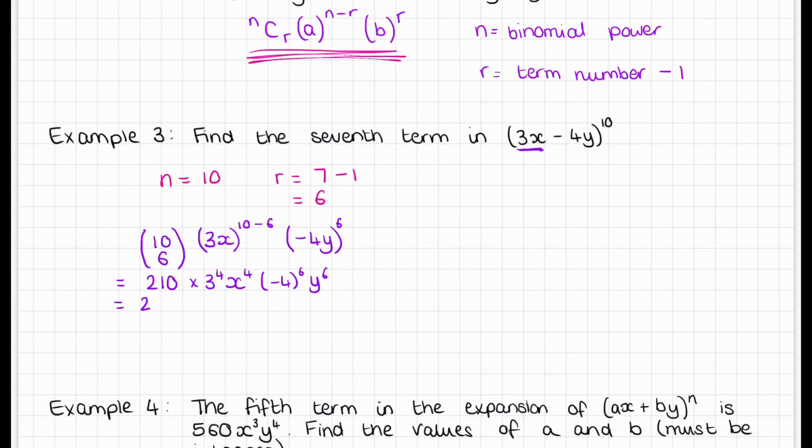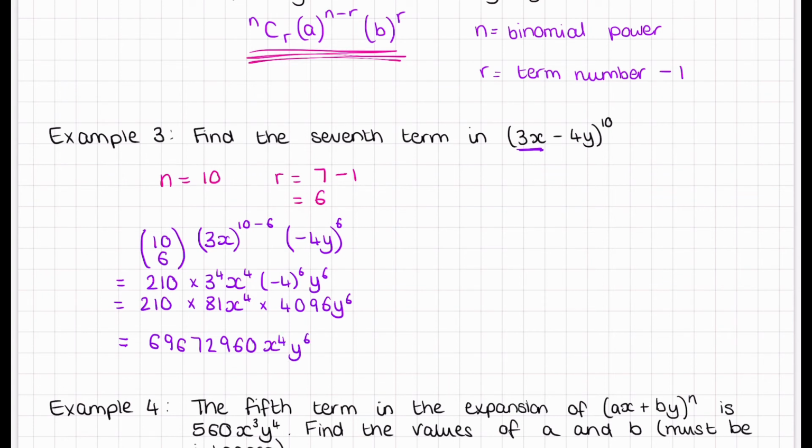So it'll be 210 times 81x to the power of 4 multiplied by 4096y to the power of 6, and simplify once again, multiply all your numbers together, and we get a nice big horrible number, which is fine, and sometimes that happens.